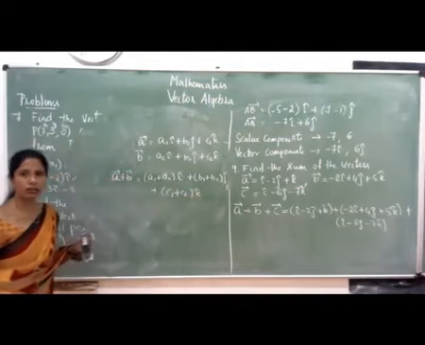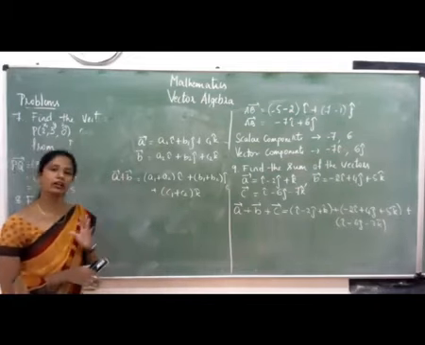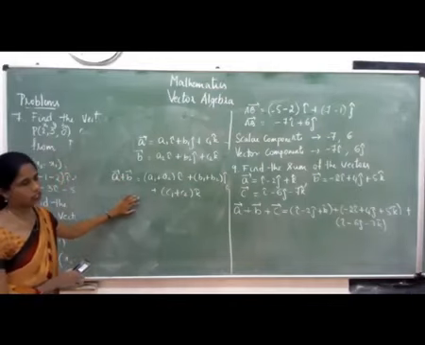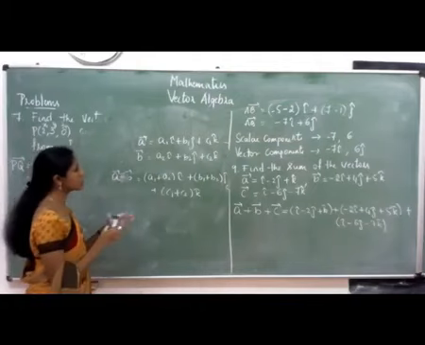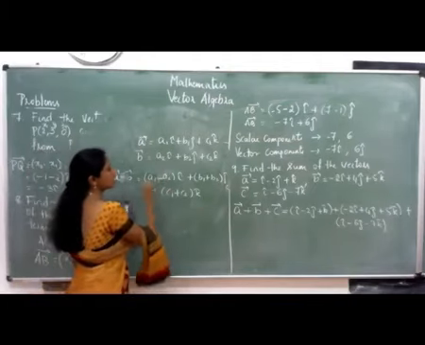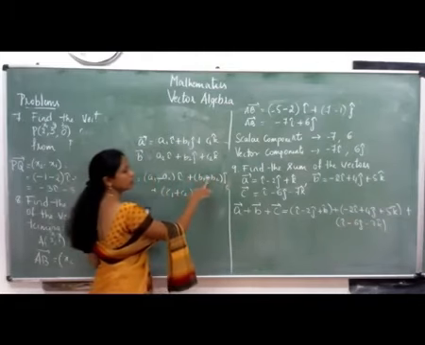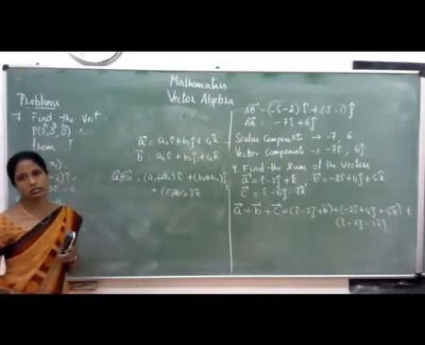This is the general form of adding any 2 vectors. Similarly, you can do it for 3 vectors. The same thing holds for subtraction. So when you are subtracting, vector A minus vector B means a1 minus a2 I cap, plus b1 minus b2 j cap, plus c1 minus c2 k cap.